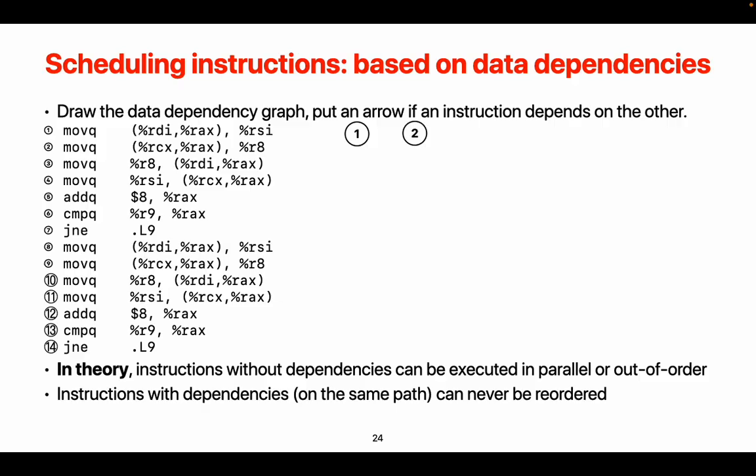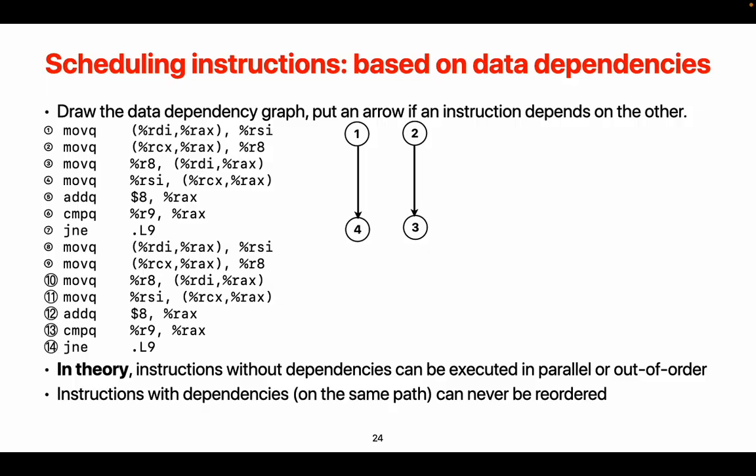Now, regarding instruction 3, is it depending on anyone? Who? 2, right? So if there is a data dependency, let's draw an arrow, meaning that instruction 3 needs the input from instruction 2. Now, looking at instruction 4, is it depending on anyone? It is depending on 1, so you can draw an arrow like this.